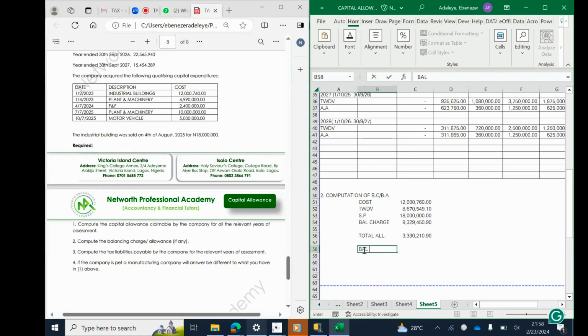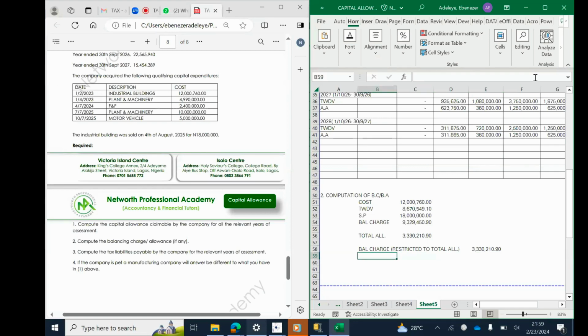So our final balancing charge restricted to total allowance will now be what? Will now be equal to what? This, because we are restricting it.